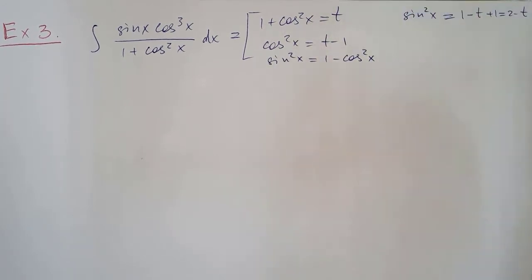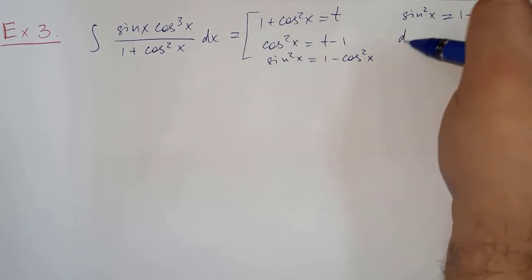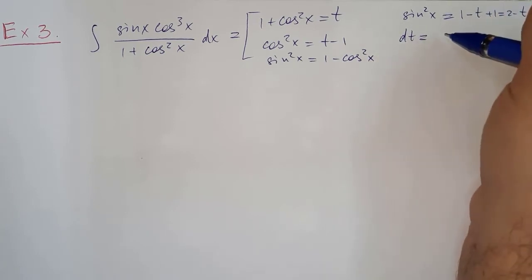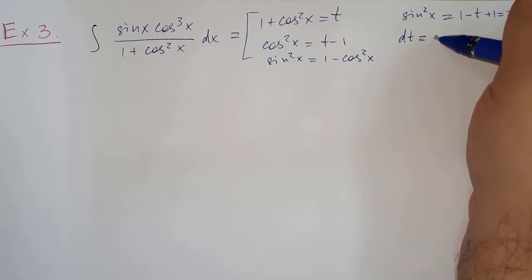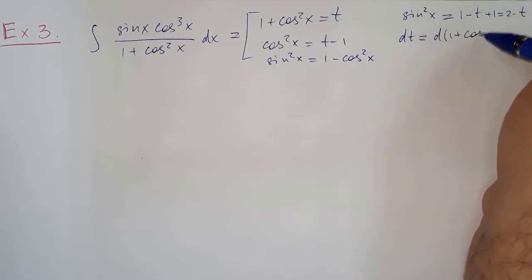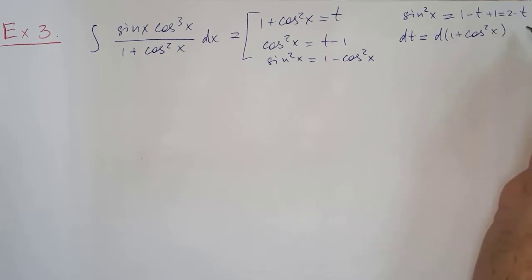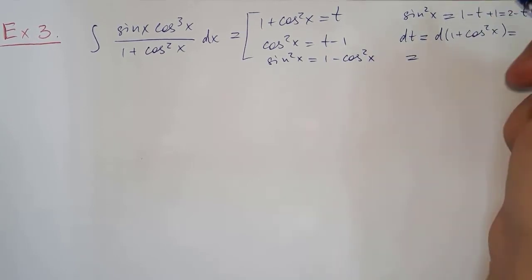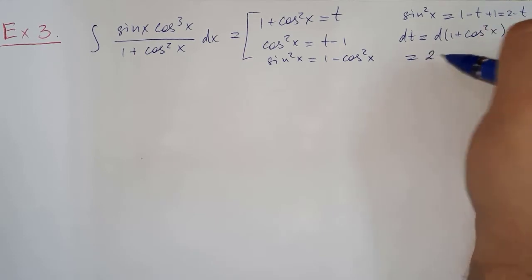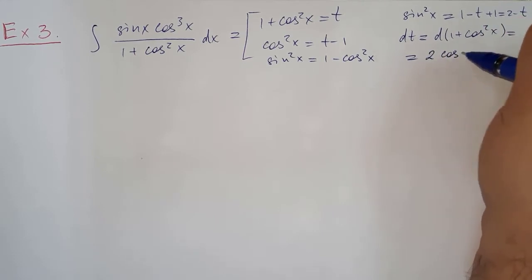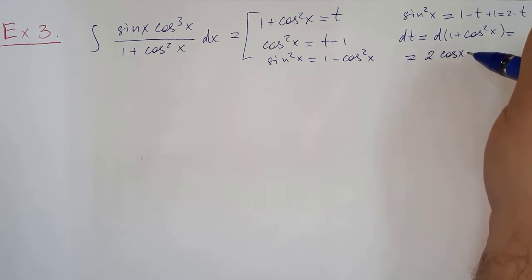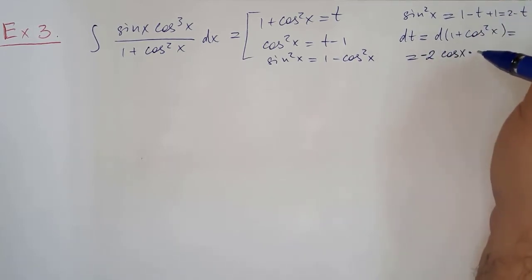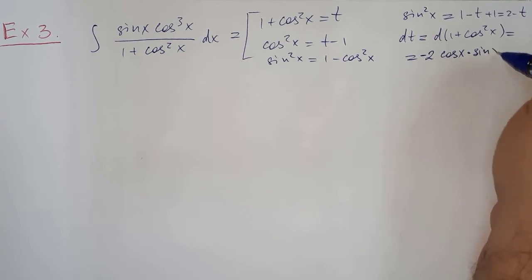So here find dt. In this case dt is d of 1 plus cosine squared x. So it is equal to 2 cosine x times minus sine x, so here minus sine x.